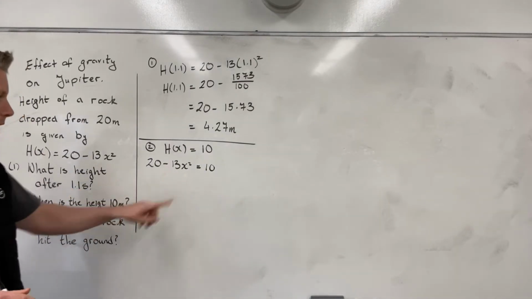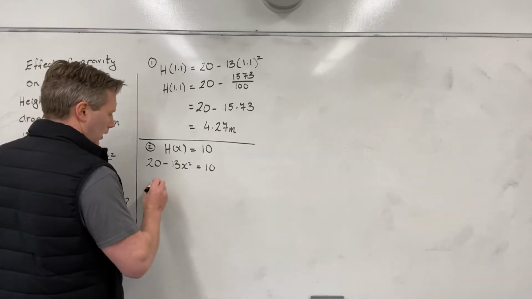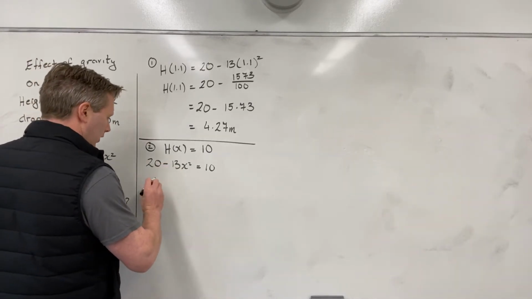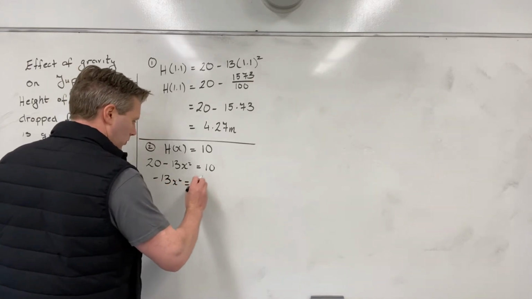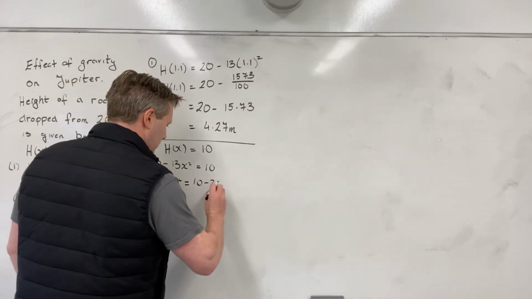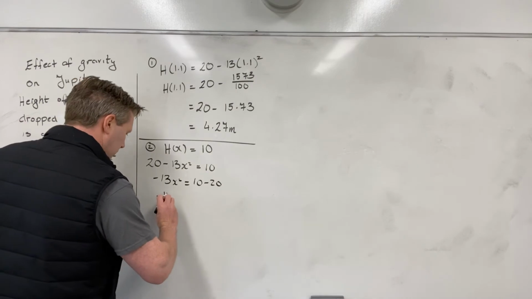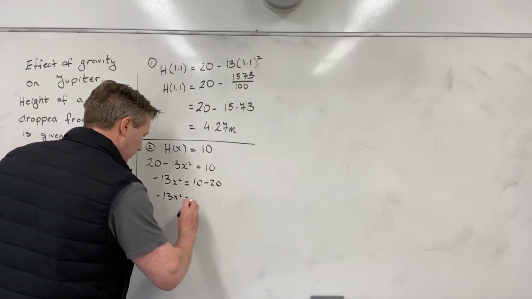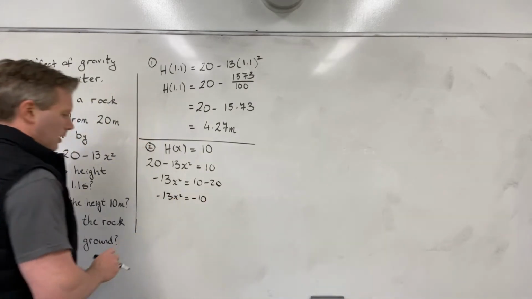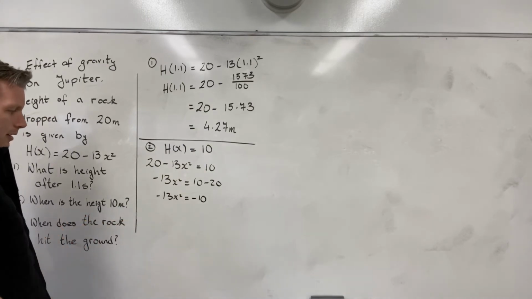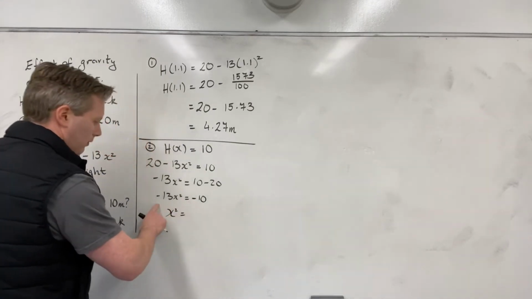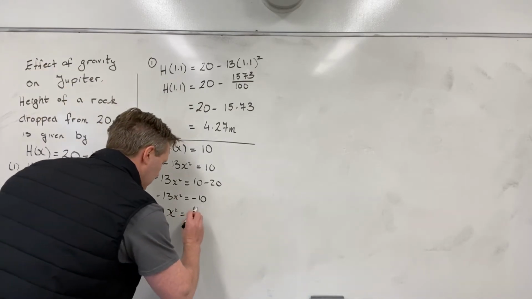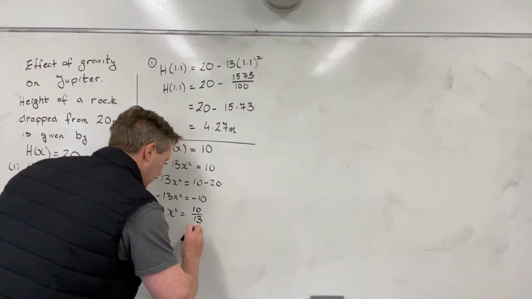Subtracting 20 from both sides, I will get minus 13x squared is equal to 10 minus 20. In other words, minus 13x squared is equal to minus 10. Then dividing both sides by negative 13, I'll get that x squared is equal to, negative over negative gives a positive, 10 over 13.